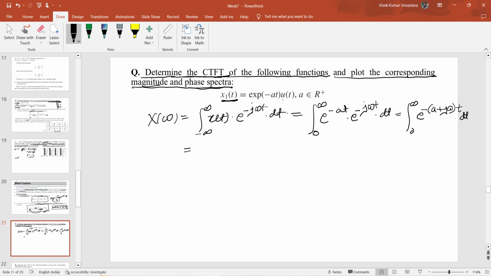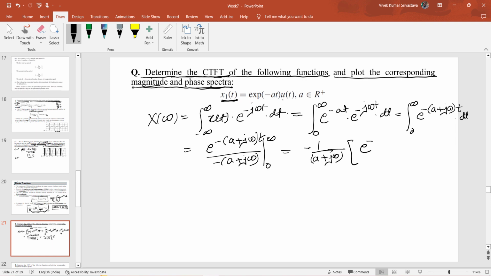Now you can evaluate the integral. This will be equal to 1 over minus a plus j omega, with the limit varying from 0 to infinity, so e raised to the power minus a plus j omega t from 0 to infinity. At the lower limit, the value is e raised to the power 0, which is equal to 1.